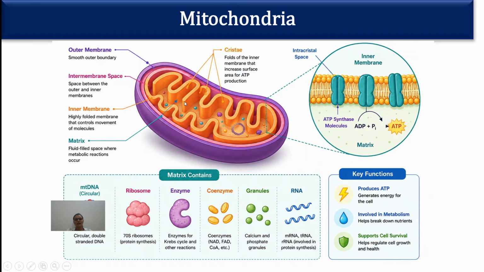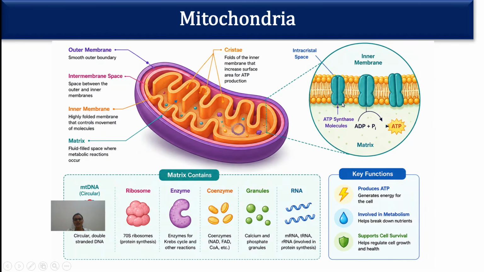Inside the inner membrane there is a matrix, and this inner membrane is once again folded into very small villi-like structures. These are called cristae, right? And these are the inner membranes. When we zoom in on the inner membrane structure, in between there is a lipid bilayer structure. Here also the inner membrane has a bilayer structure.